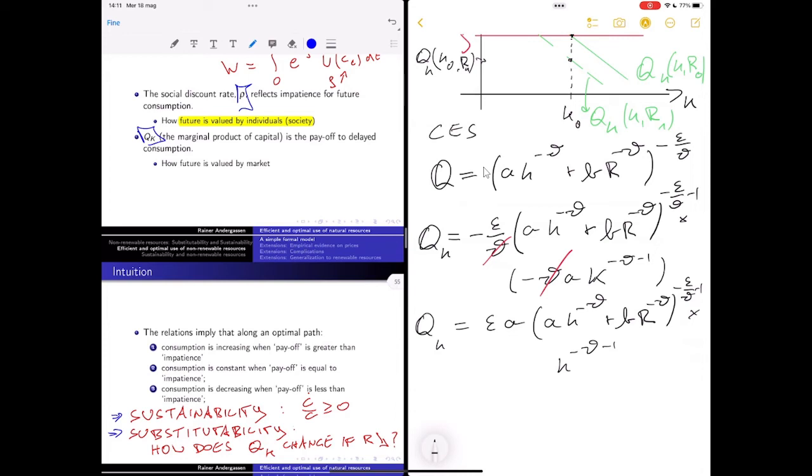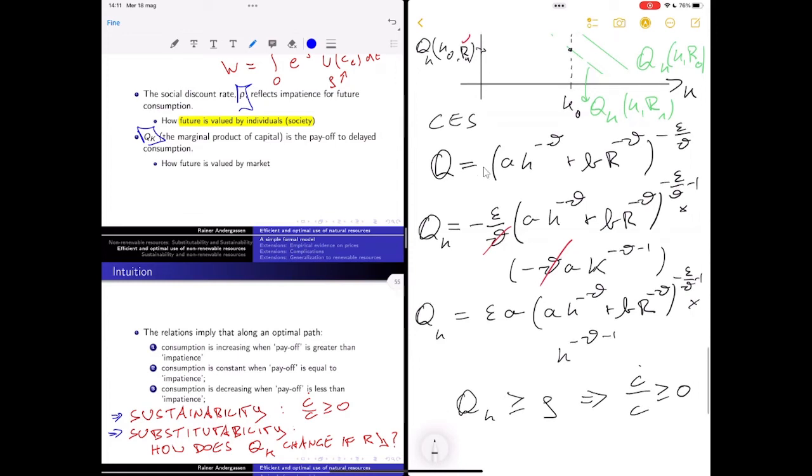Now remember, I have to compare the marginal product of capital with my rho. This is what is required if we are concerned about sustainability, meaning that the consumption path is a non-declining one.